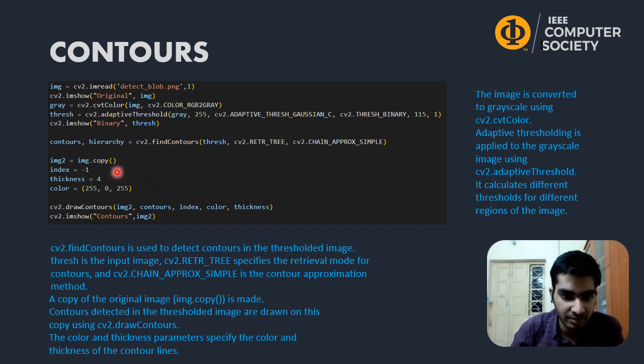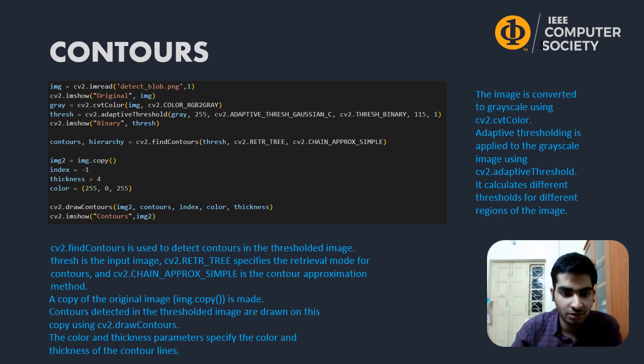Using the copy function, we are creating a copy of the original image, and we are setting index equal to -1, thickness equal to 4 and color equal to 255, 0, 255. These values are for the contour lines, which we will see in the next slides.